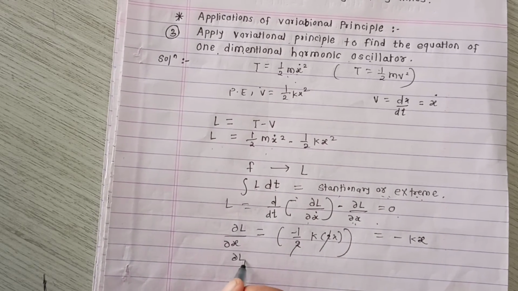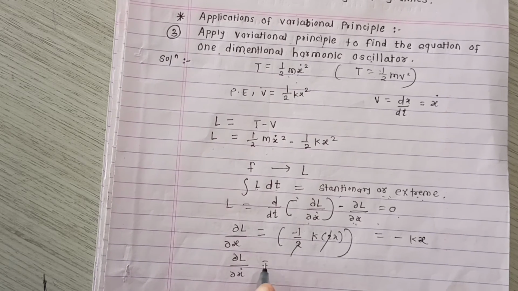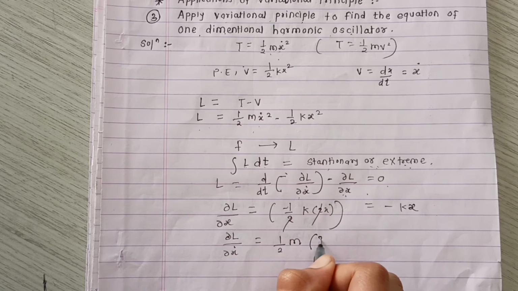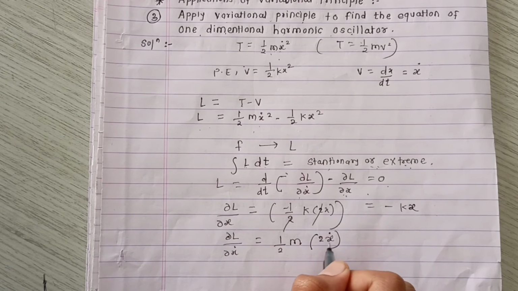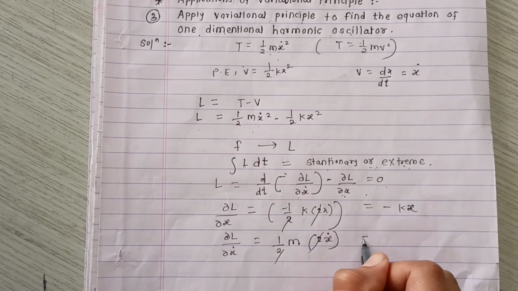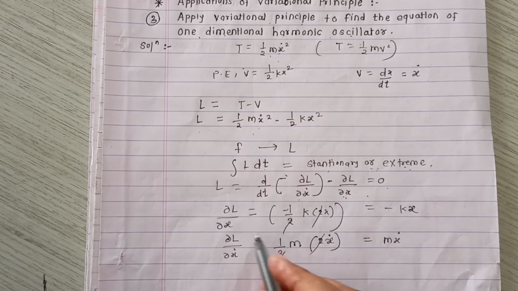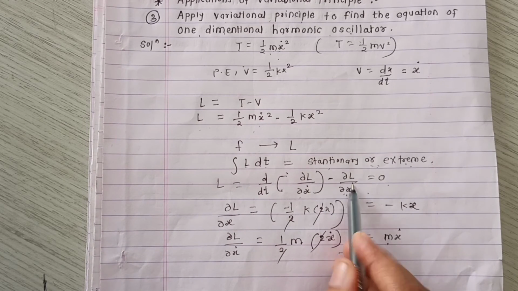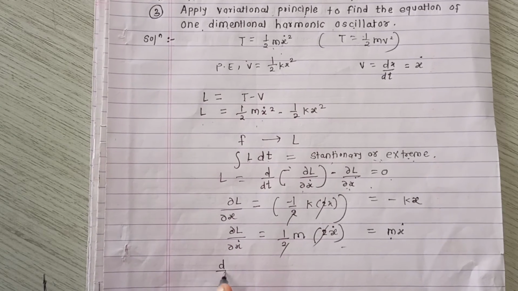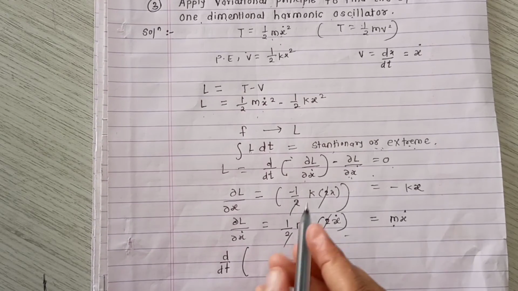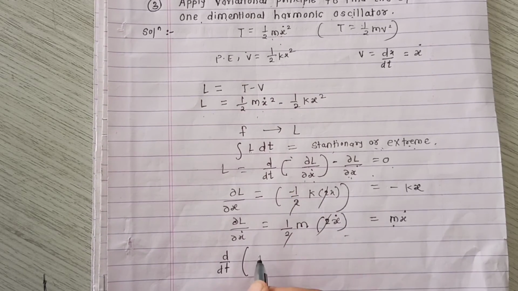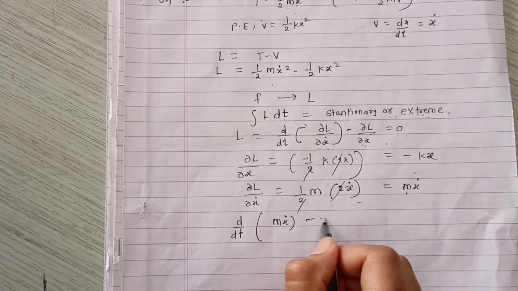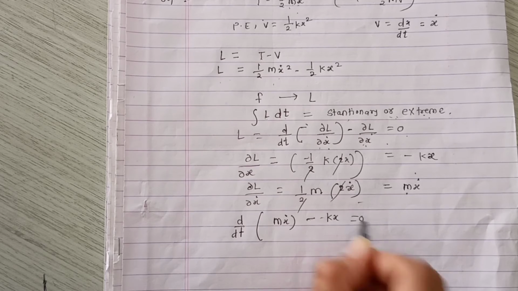Now the derivative of L with respect to x dot is half m into the derivative of x dot square, which is 2 x dot. The 2 gets cancelled, so we are left with m x dot. Now substitute the values of ∂L/∂x and ∂L/∂x dot in this equation. Then we get d by dt of m x dot minus (minus kx) is equal to 0.